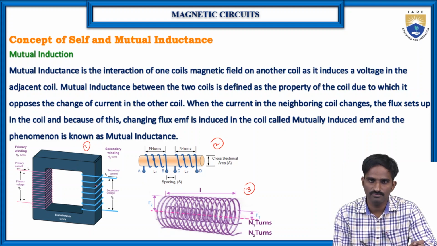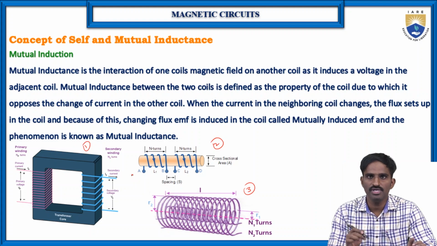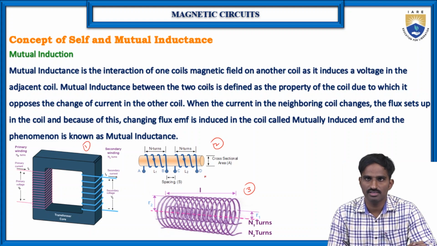Because of the change in flux in the second coil, an EMF is induced in that coil because of the mutual inductance. The mutual inductance between two coils is defined as the property of the coil due to which it opposes the change of current in the other coil.